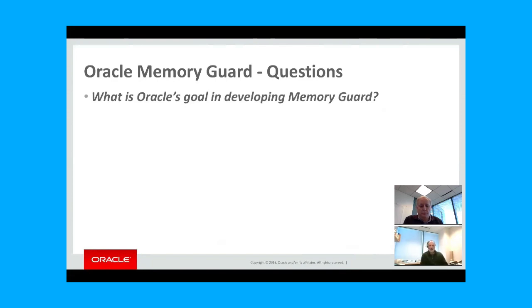So Memory Guard was developed to try to manage the memory better to relieve those pressures and thereby improve overall uptime of the clusterware software stack.